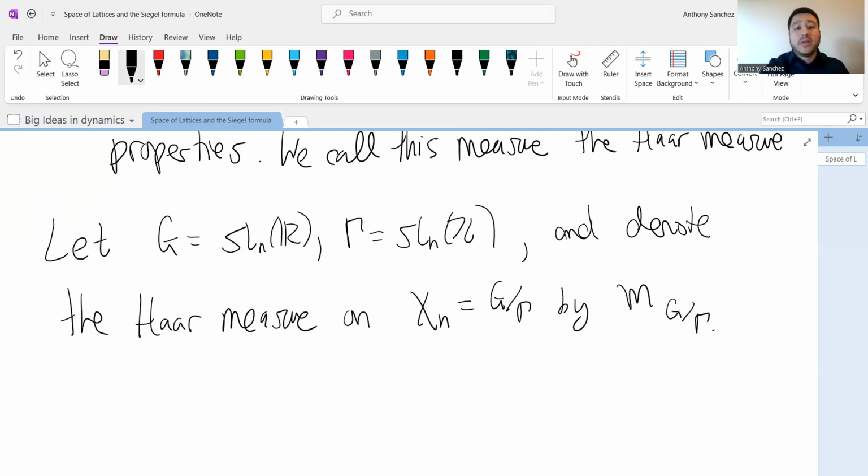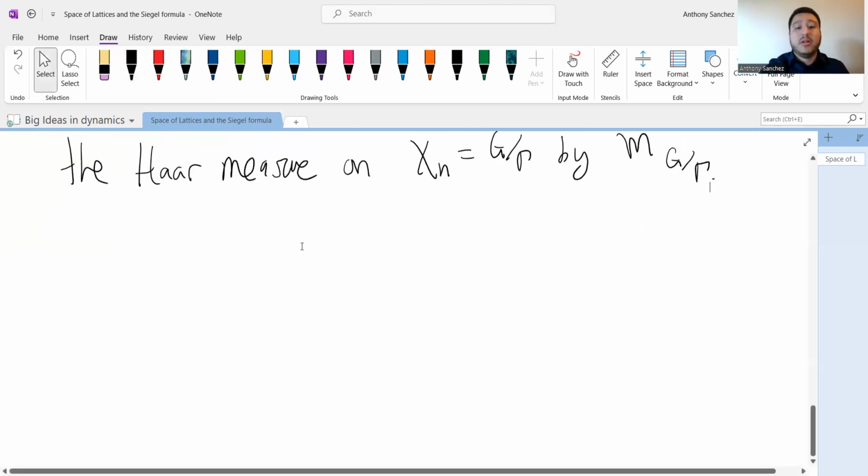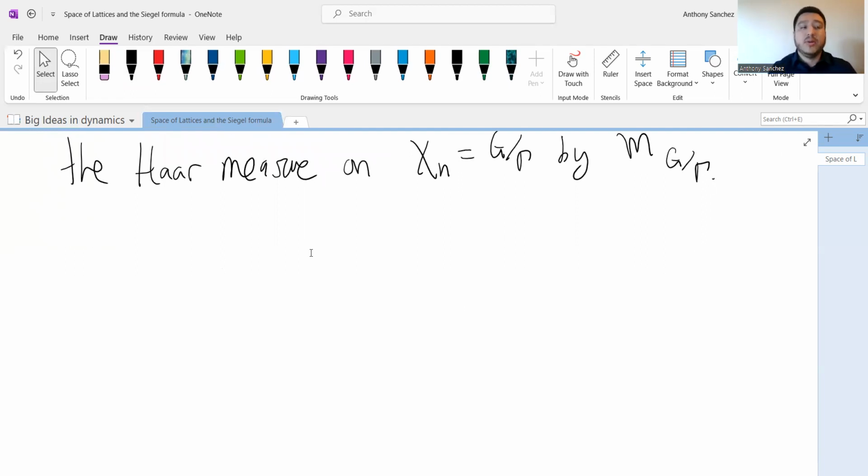And we're actually almost there in terms of the concepts I'll need to introduce to get to the Siegel formula. There's one more concept that I'll have to introduce before I can talk to you about the Siegel formula.